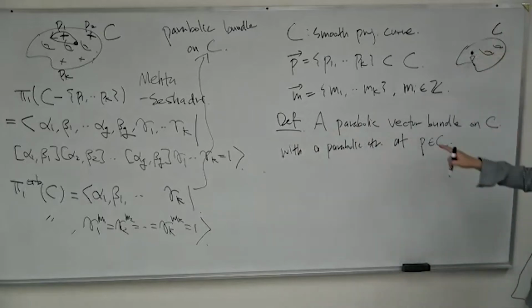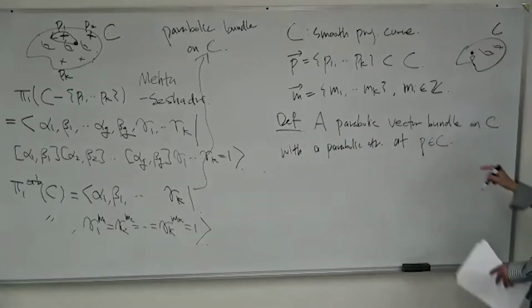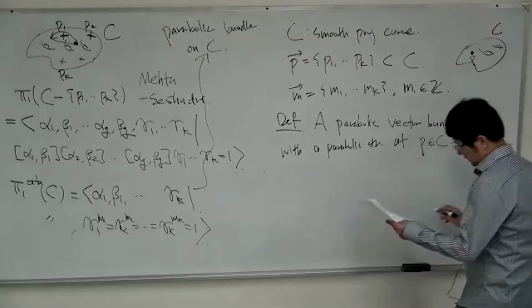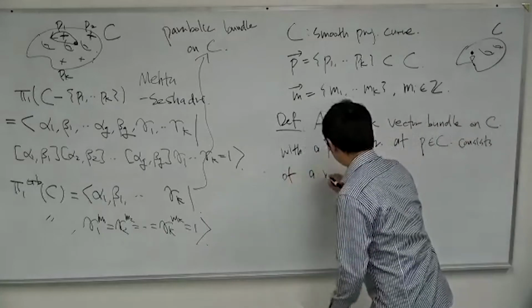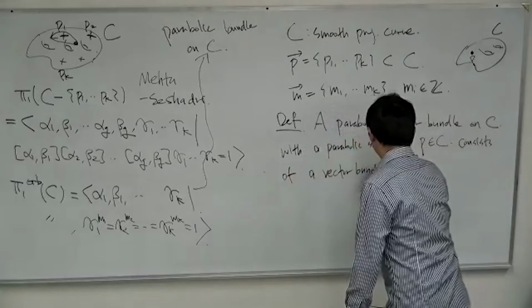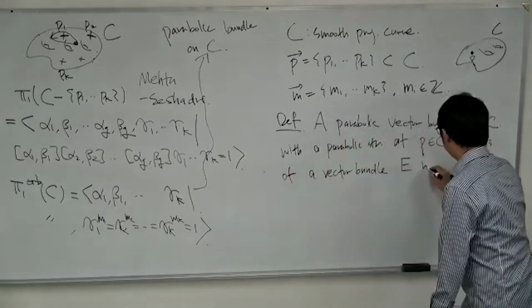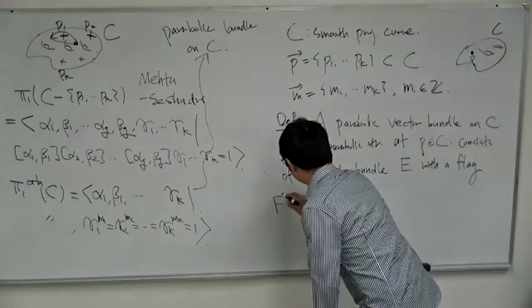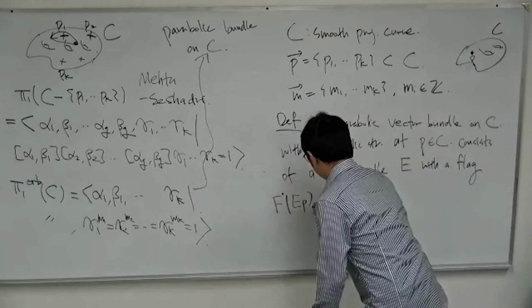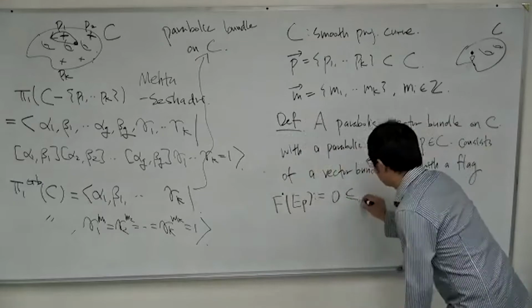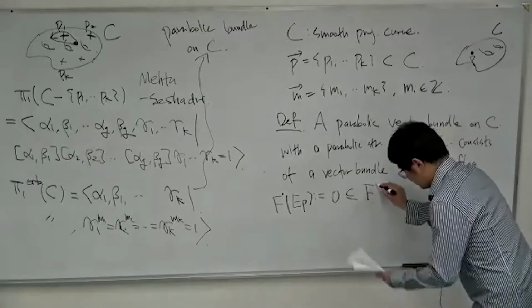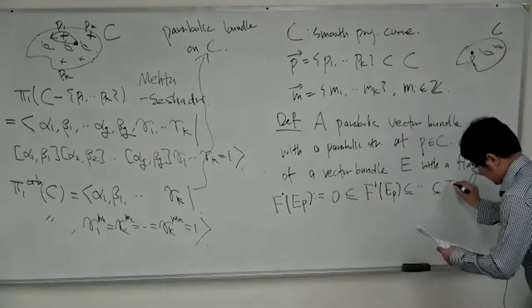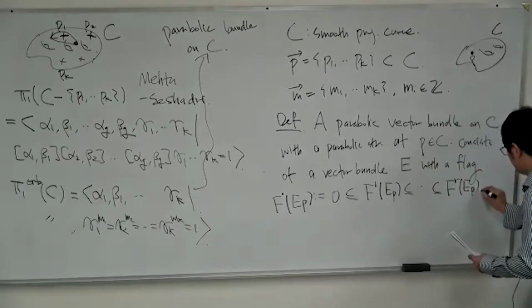And in this case, a parabolic vector bundle on C with a parabolic structure at this point consists of a vector bundle E with a flag E_P, starting from 0, and E_1, and so on, ending with E_P.